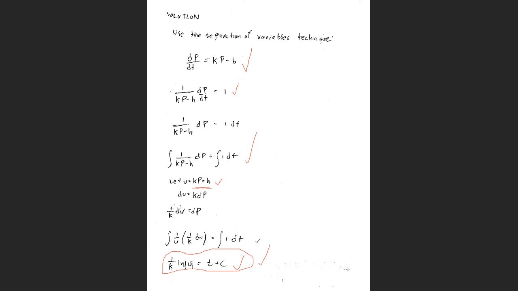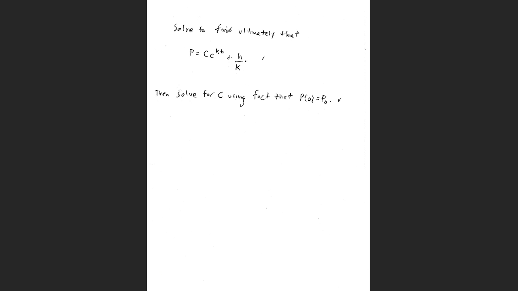In the end, you'll solve to get that P will equal c times e to the kt power plus h over k. So you can see naturally the population of fish at time t is dependent on the harvest rate divided by k. And then you can solve for that constant c using this information, that initially the population is P sub 0.